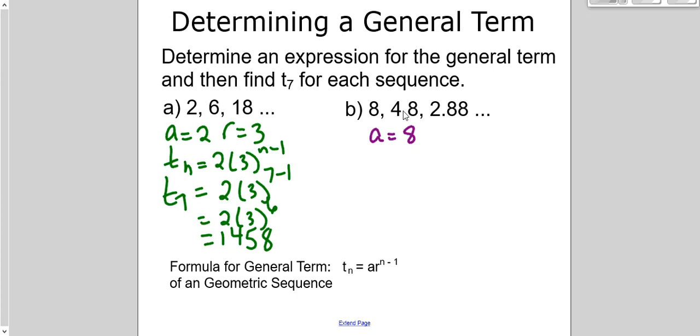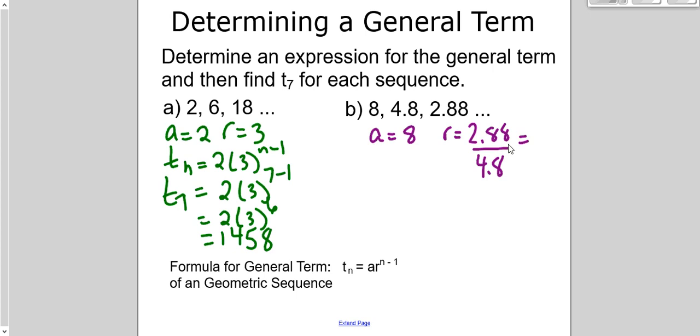It's a ratio, which means we're multiplying by the same thing. So we can find our R value simply by taking the term and dividing it by the term in front. In this case that's 2.88, and I'm going to divide it by the one in front, 4.8.